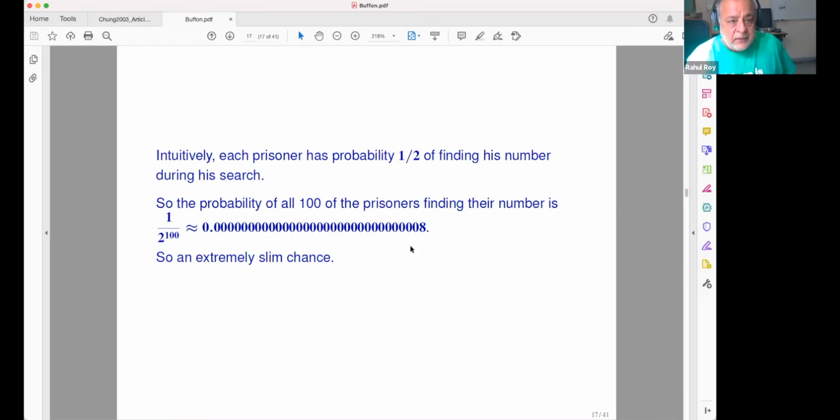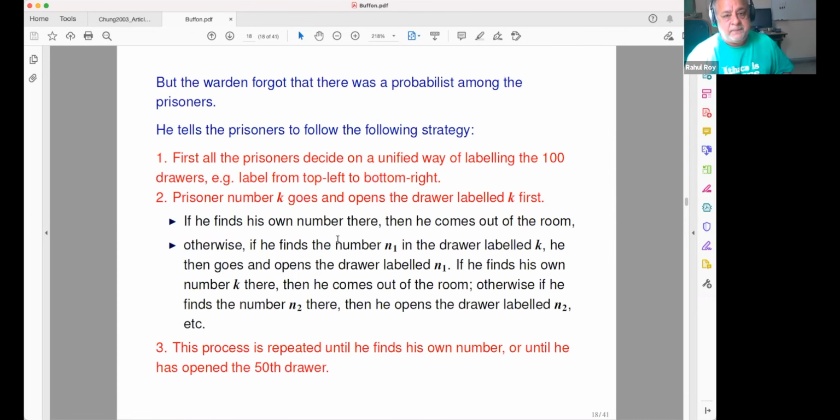But the question now is, is there a strategy which will increase this probability? And indeed there is. As I said, the warden forgot that there was a probabilist amongst the prisoners.